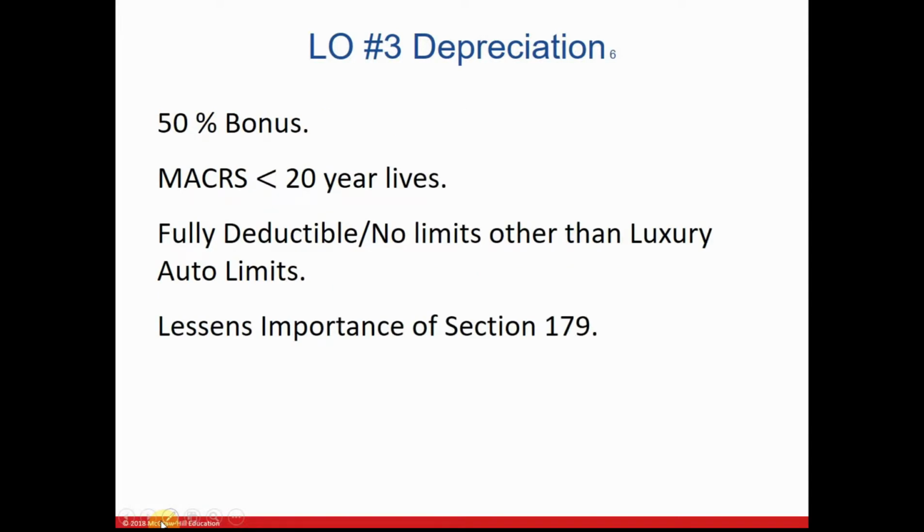Another opportunity for businesses is the bonus depreciation. So after Section 179 has been taken advantage of and has been expensed, if it's available and if it's used, then there's a 50% bonus depreciation. This depreciation really allows more accelerated depreciation to be taken against the assets.